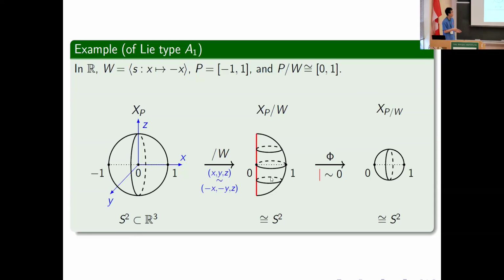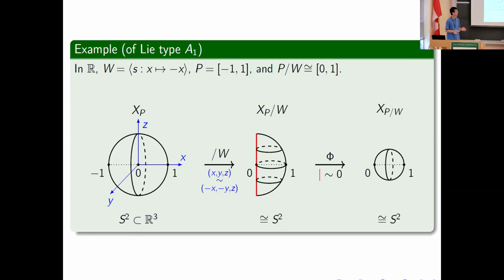I drew the picture in the middle. That's the picture of the quotient space. We can say that it is actually homeomorphic to a sphere. And the toric variety of the quotient polytope, X of P over W, is again a sphere here. And what is our map phi?